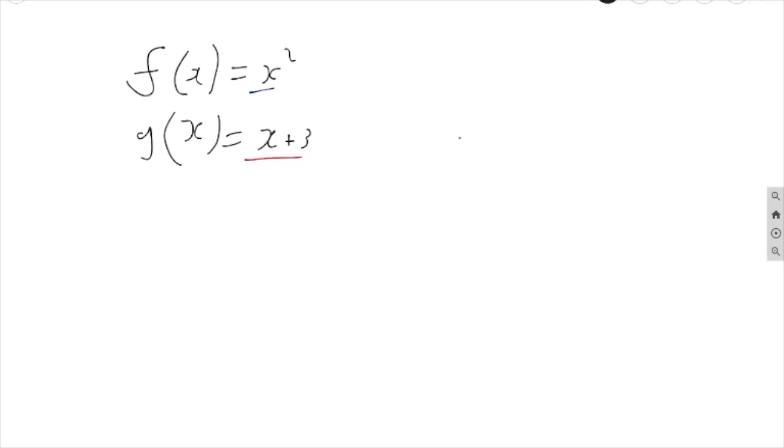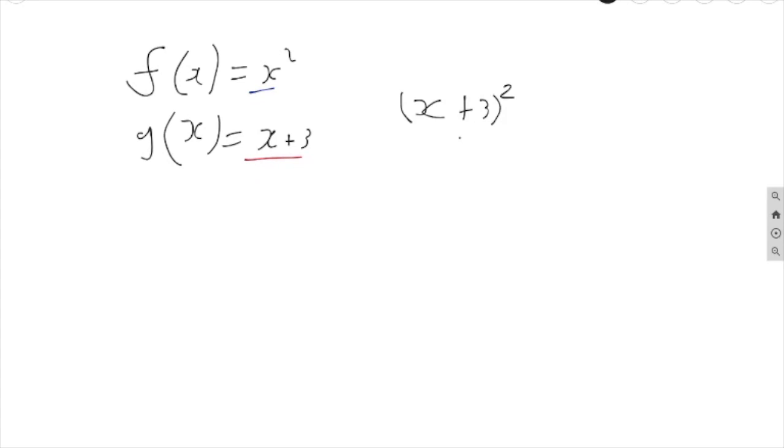What if, however, I were to apply this f of x function, x squared, to the g function x plus 3? Well, what that would look like would then be x plus 3 squared. If we consider x plus 3, the g function, to be just x, then when you square it, i.e. apply the function f of x, then the whole thing together squared, x plus 3 squared, looks like this.